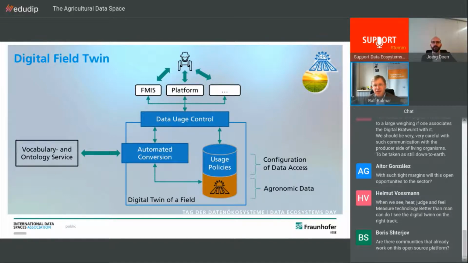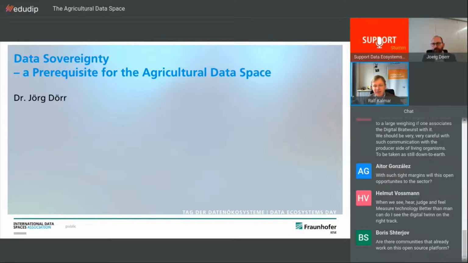But of course, there need to be domain-specific extensions. Currently, there's a lot going on in the domain, and also on the European scale, there are many interesting voices regarding the digital twin. Yes, and it will be very interesting for us to see how the open source community from the IDS and the open source community from Industry 4.0 can grow together. I think that was also highlighted in the IDS in practice talks when it came to Industry 4.0. And of course, we watch carefully also for the agricultural domain.